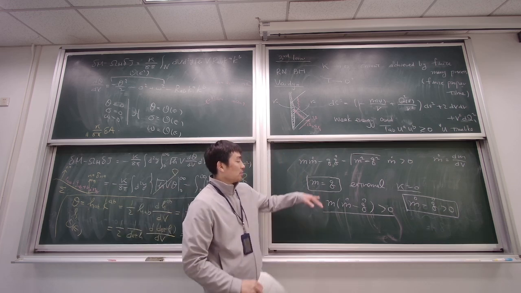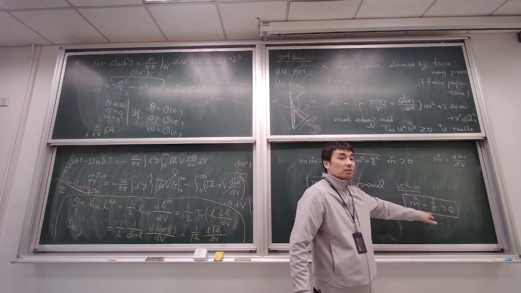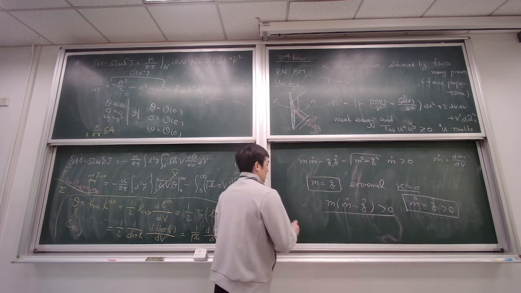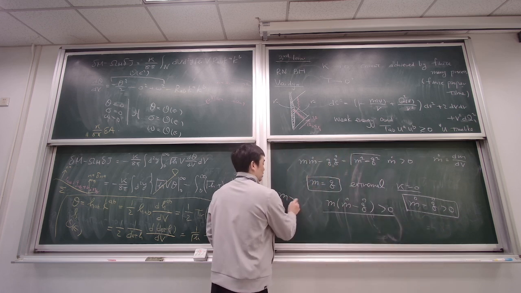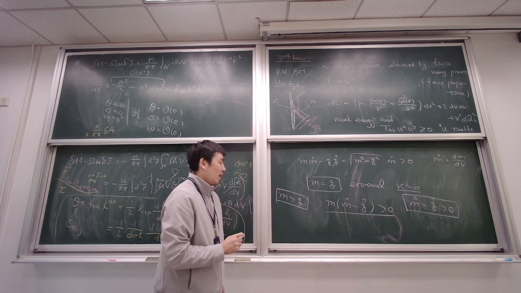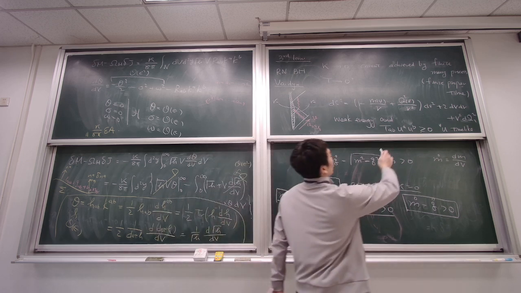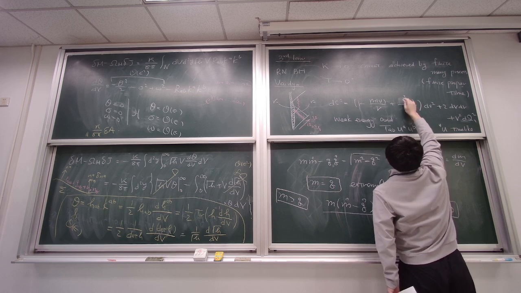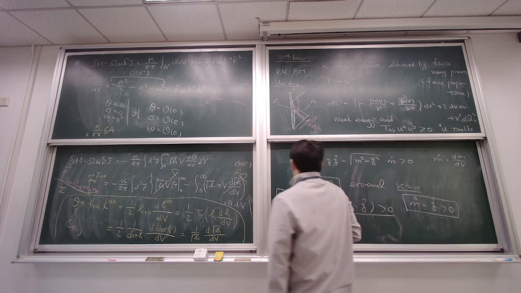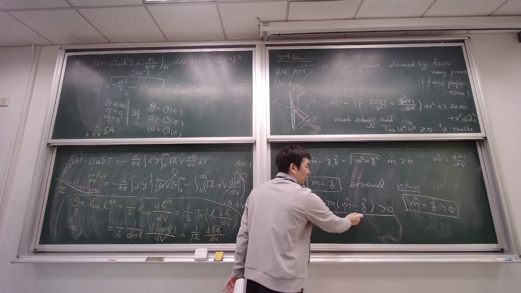But once you achieve the extrema at the finite time, this condition is no longer satisfied. Because no extrema means M is greater than Q. But from here to here, to achieve that, M dot minus Q dot has to be negative, right?